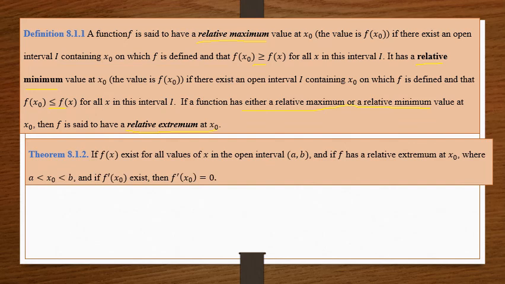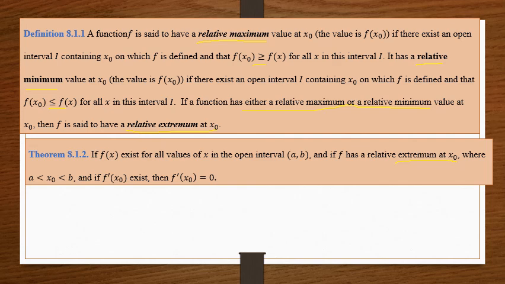The first theorem here, class, is if f of x exists for all values of x in the open interval a, b, and if f has a relative extremum at x sub o, where x sub o is between the interval a to b, and if f prime of x sub o or the first derivative exists, then f prime of x sub o equals to 0.